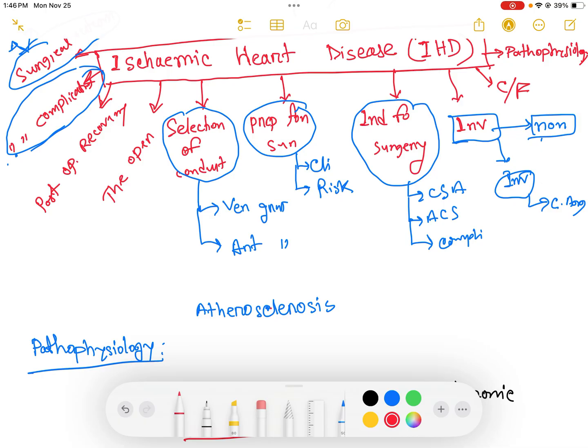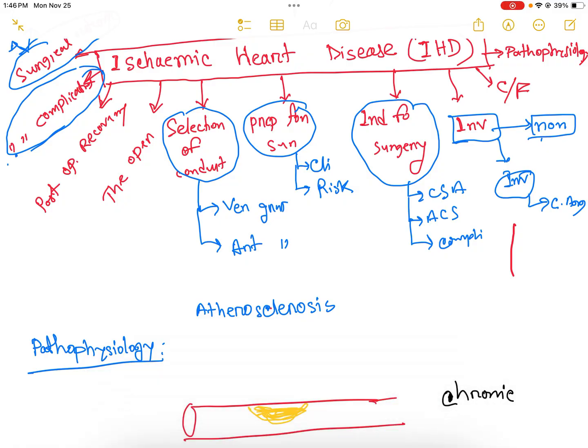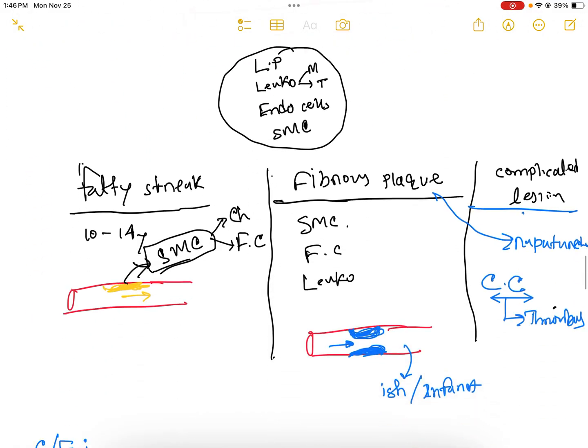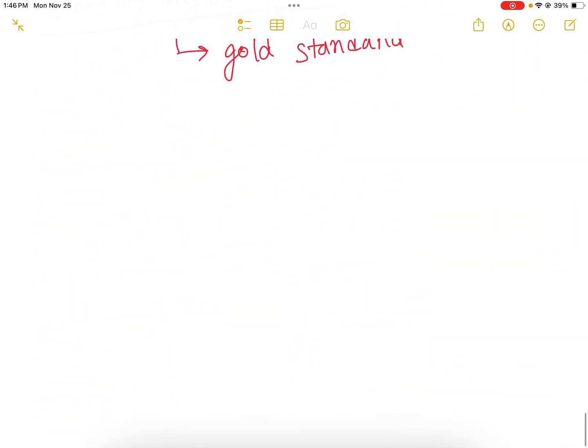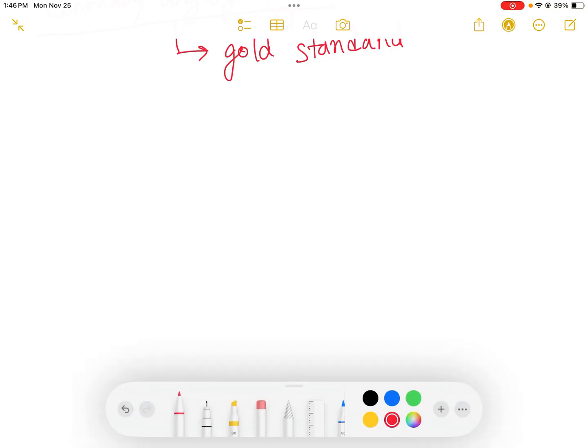Any stenosis in an artery greater than 70% of the diameter, or 90% reduction of the cross-sectional area, is considered severe.